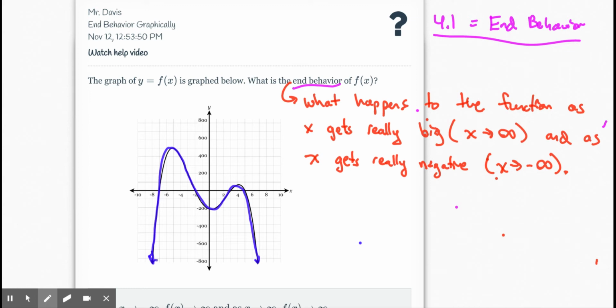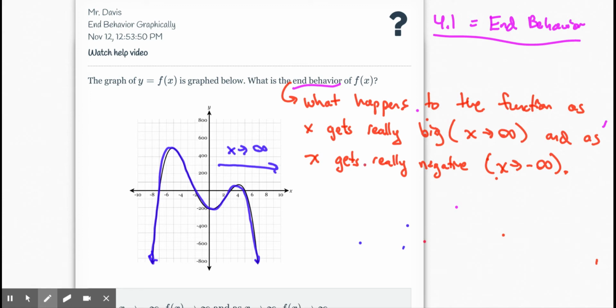All right. So there are two things we have to identify. What's happening as x goes this way. So this is what we're going to say as x goes to infinity. In other words, as x gets bigger and bigger, which direction is the function going? Is the function going down to negative infinity, or is it going up to positive infinity?